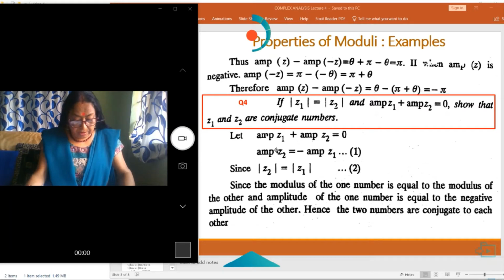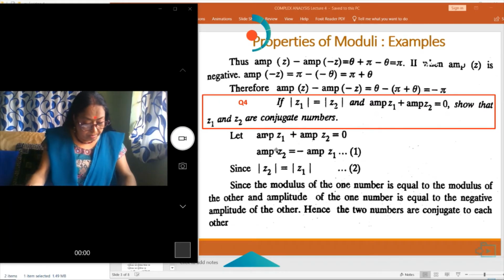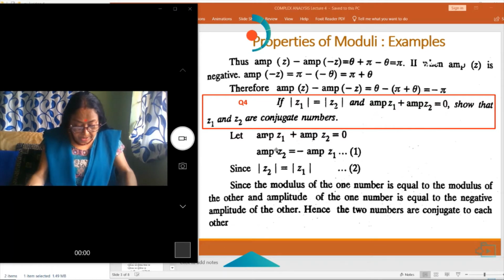If mod of z1 is equal to mod of z2 and amplitude of z1 plus amplitude of z2 is equal to 0, show that z1 and z2 are conjugate complex numbers. Let amplitude of z1 plus amplitude of z2 is equal to 0.